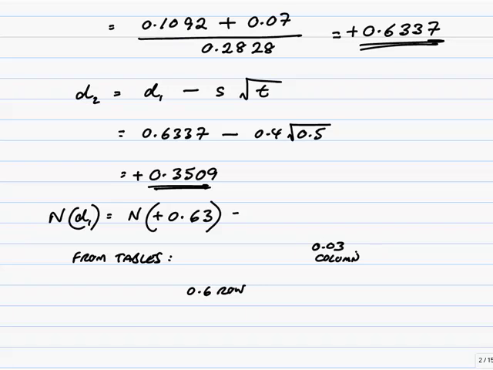And if you check me, the 0.6 row, the 0.03 column, gives a figure of 0.2357. Once you've got the hang of it, it's easy, but make sure you can use the tables properly. Don't write down in the exam 0.6 row and 0.03 column, but the answer is 0.2357.